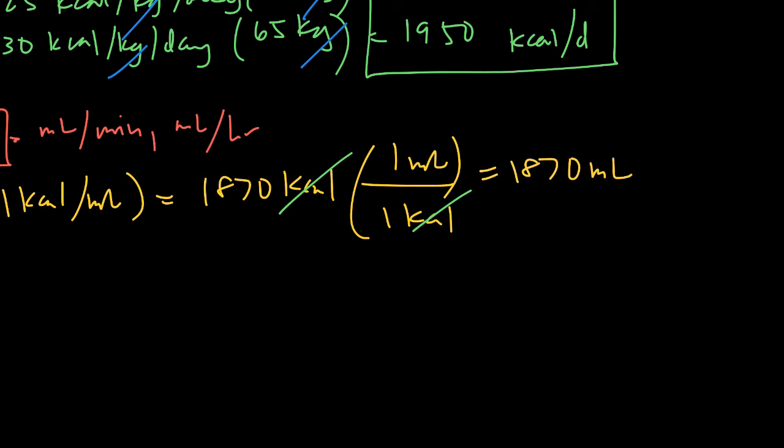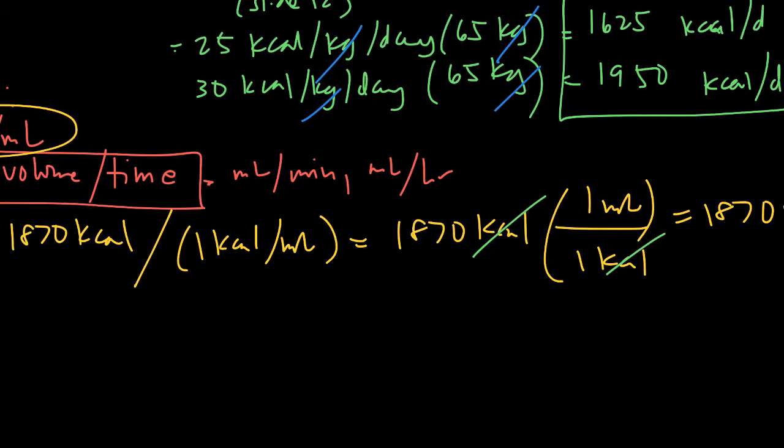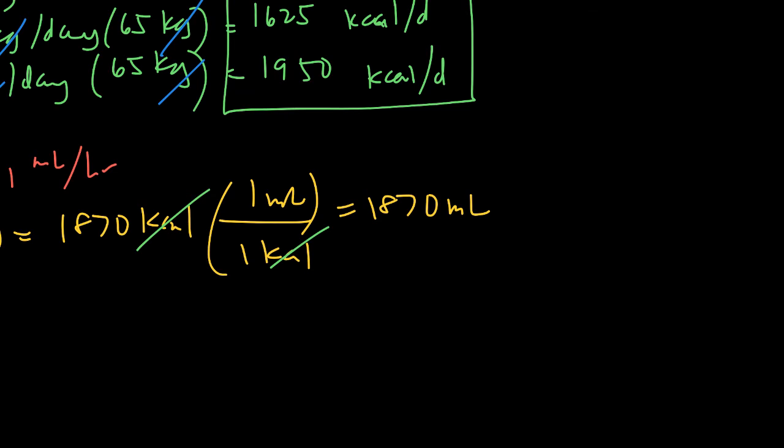As our question asked, you want this over 24 hours. So, remember, rate's always volume over time. So over 24 hours, 1870 over 24 gives you 78 mL per hour.